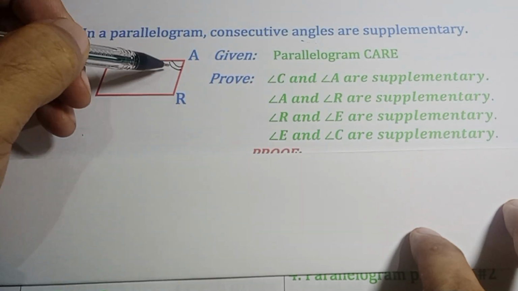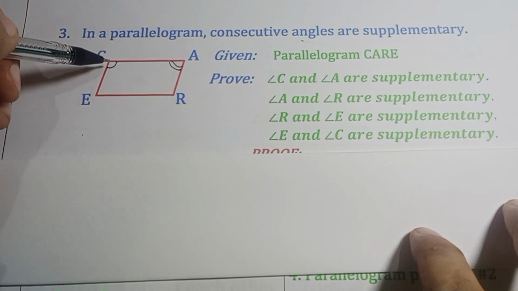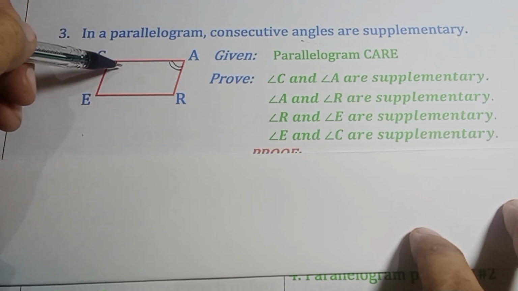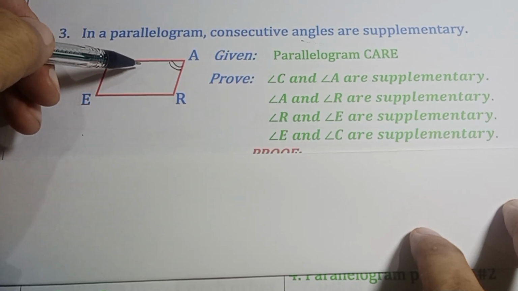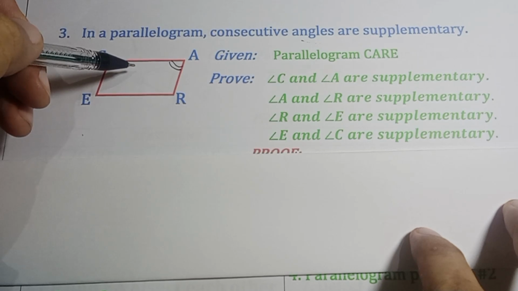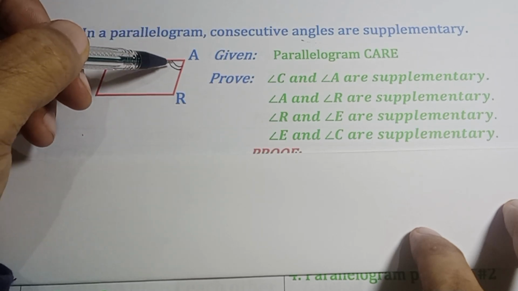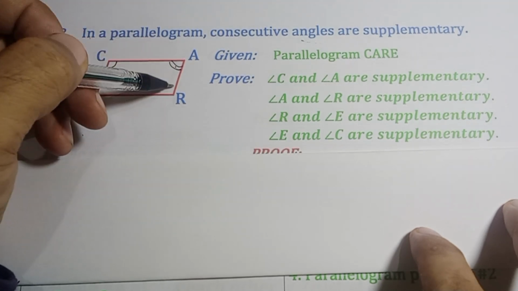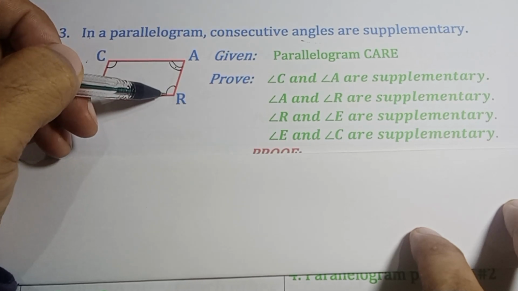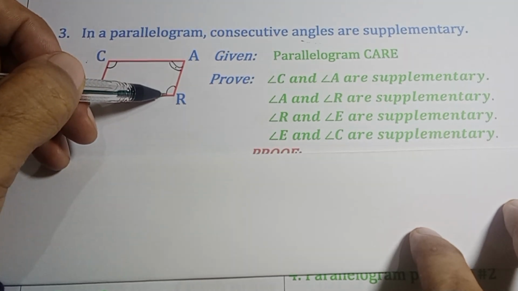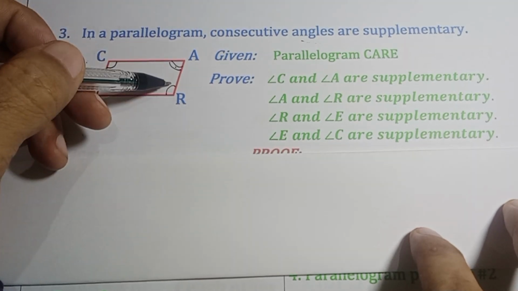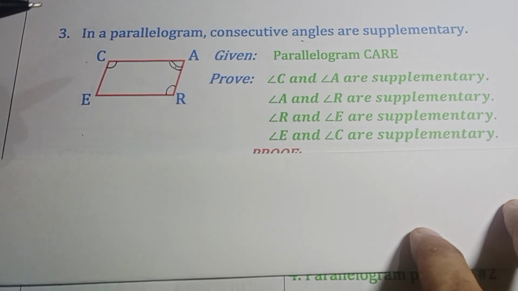In other words, the sum of these angles is 180 degrees. Next, this angle and this angle are also supplementary. The sum of the angles is 180 degrees.